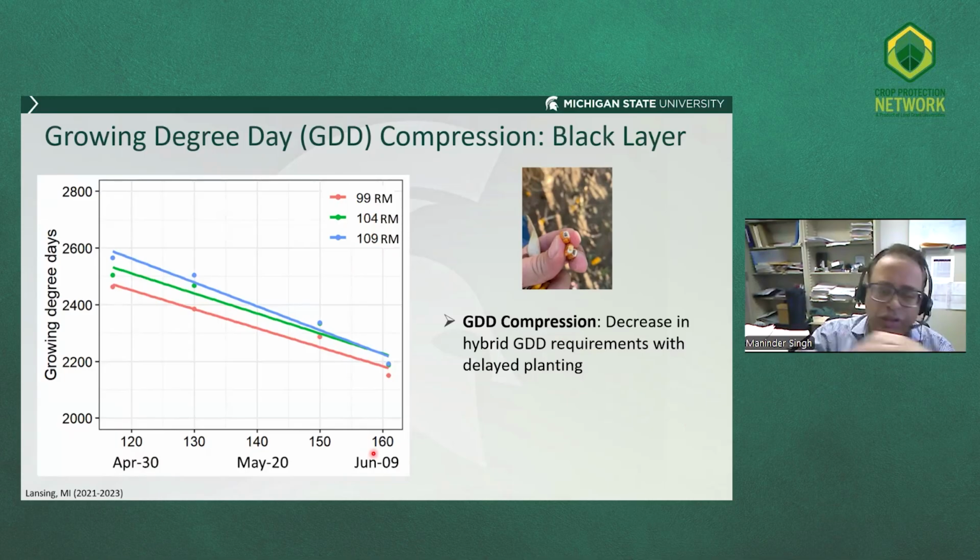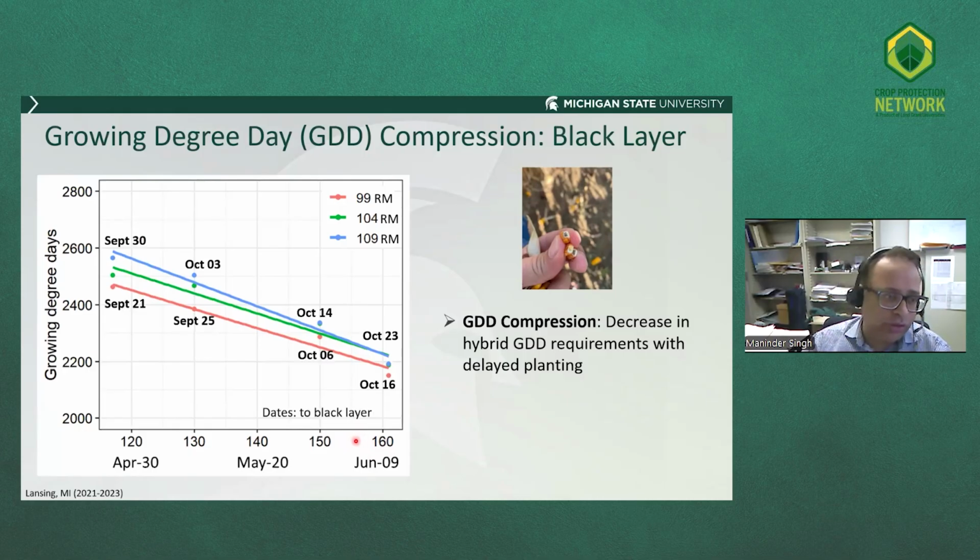If it was not, these lines would be flat, right? With the delay in planting, as we move towards the right side of this figure, those hybrids needed fewer growing degree units. And you can see the actual dates they reached black layer. Even for our early plantings, these longer maturities were still able to reach black layer end of September, early October, which is pretty good, right?